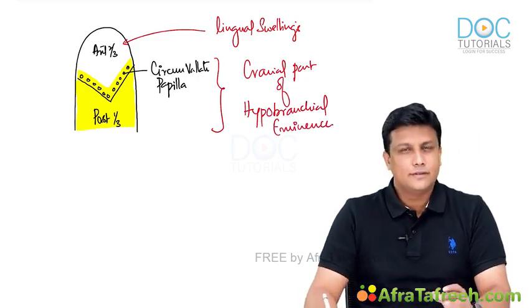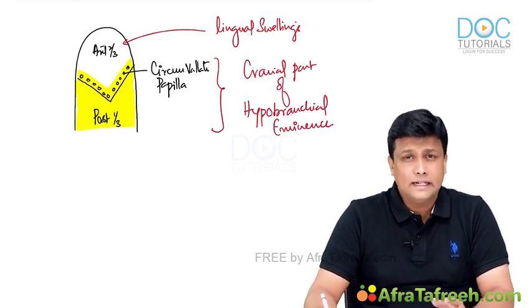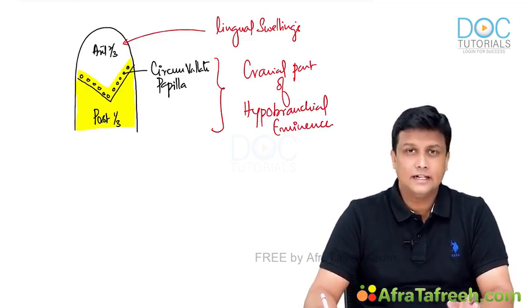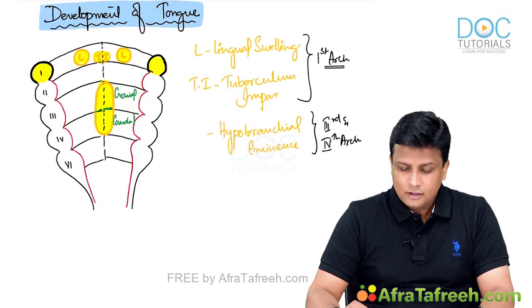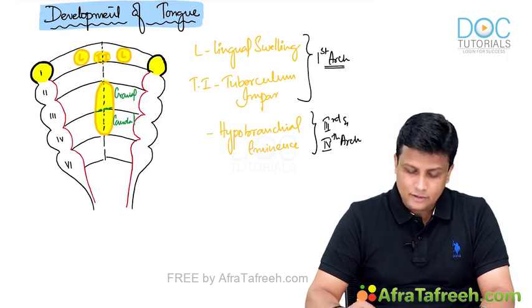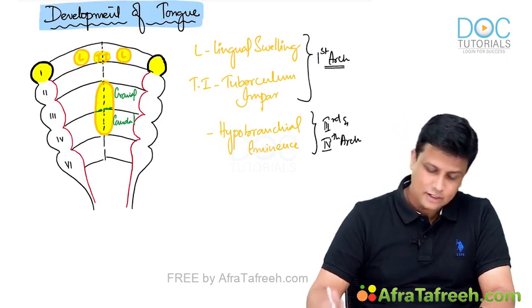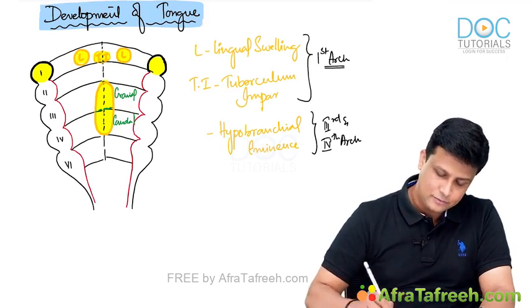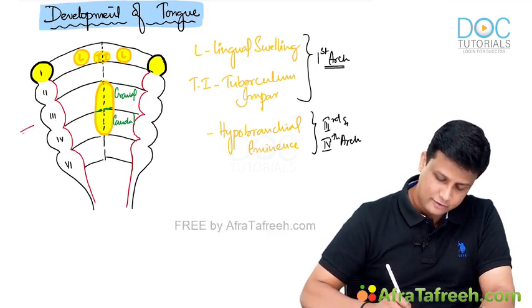And guys, if you are observing very carefully, it completely makes sense. Why? Because the cranial part of the hypobranchial eminence is actually a part of which arch only? Third arch. This here is a part of your third arch.